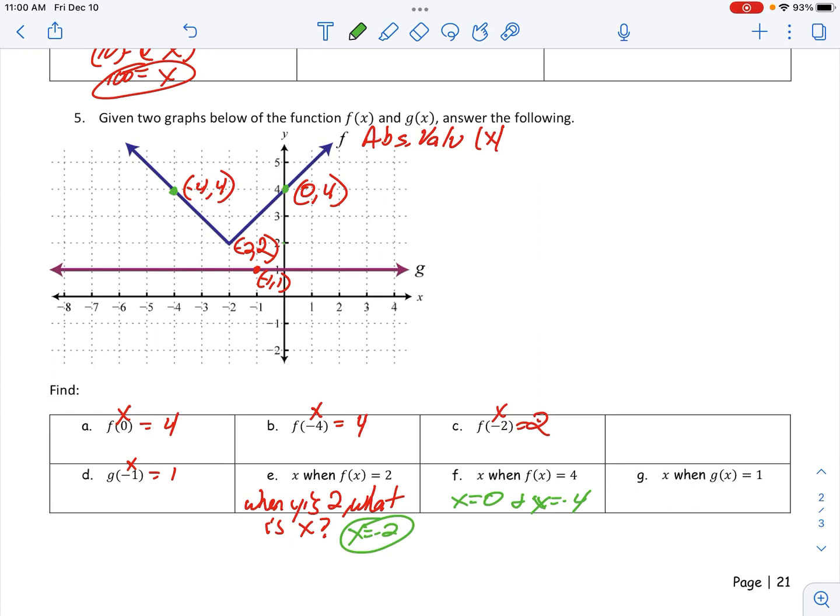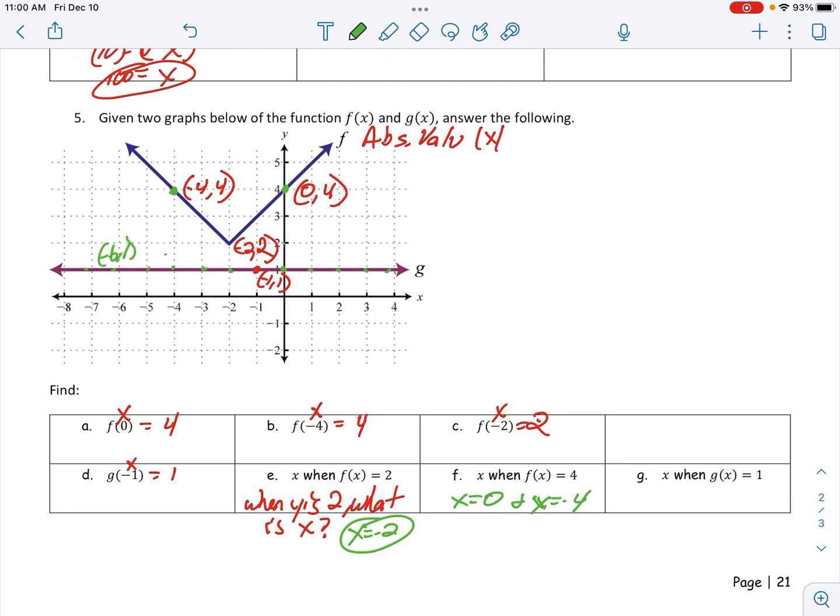Letter G is then asking me when y is 1, where is that x value? Now we want to use the other graph, the g of x graph. So when y is 1, I go up to y equals 1, and what I notice is I have a whole bunch of options right here. Actually, I have an infinite amount of options.